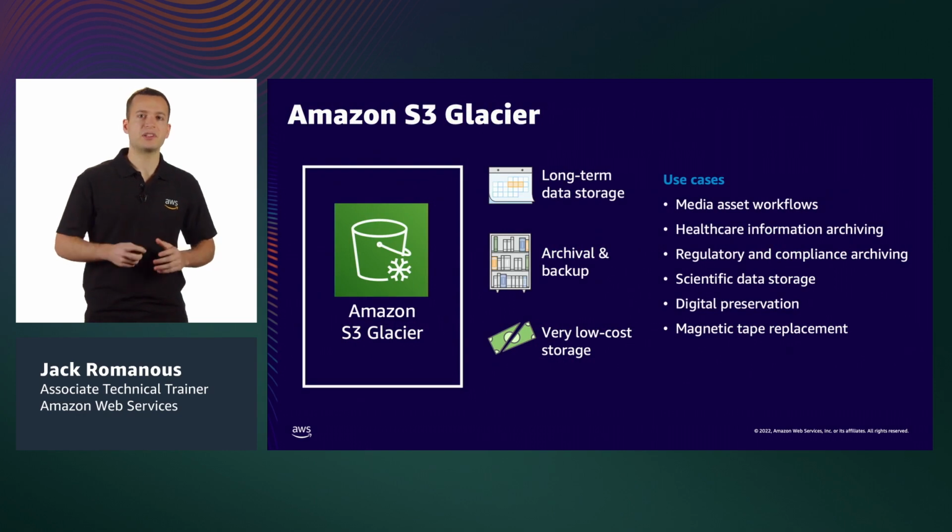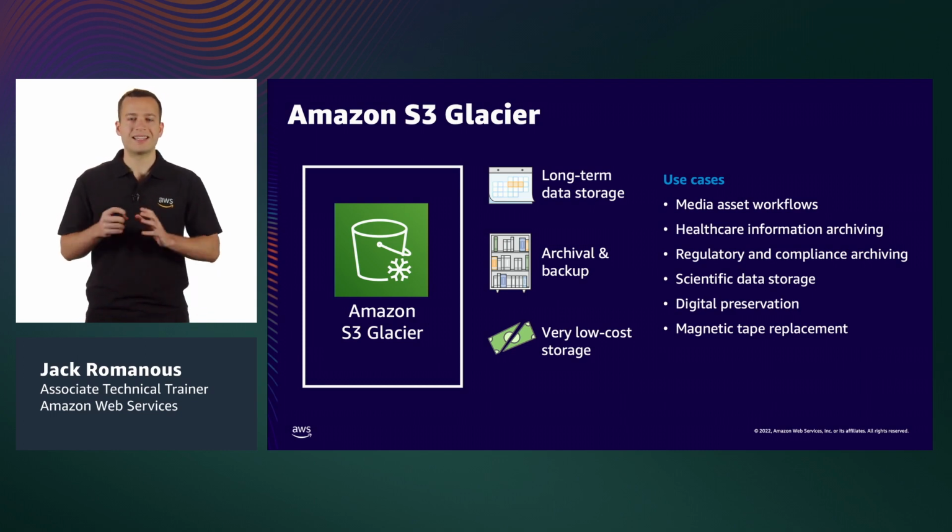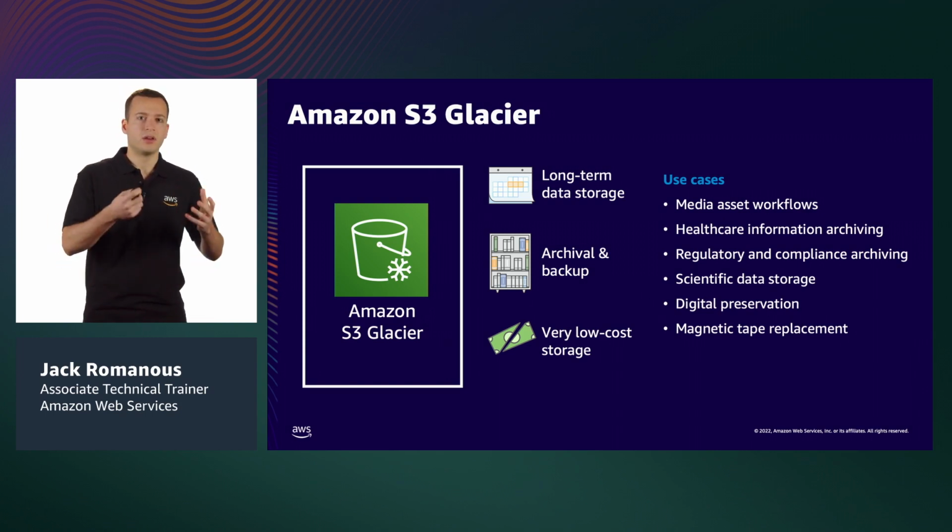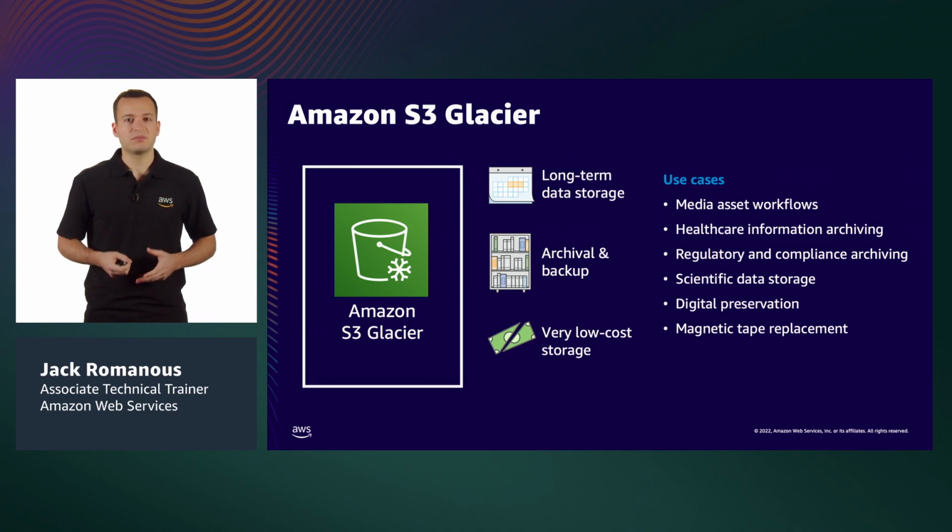So let's move on to Amazon S3 Glacier. S3 Glacier is designed for long-term, infrequently accessed archival storage. The key difference between S3 and S3 Glacier is access time and cost. With S3, objects are accessed immediately. Want to load up an image for your website? It's right there.